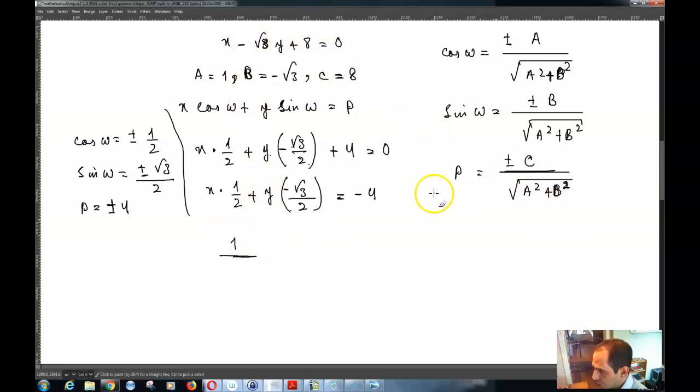So if you simply calculate this part over here and divide your whole equation by that, it's basically the same thing, and it will work for you. But now, since you know that this number is p, it's not supposed to be a negative number. So you want to take care of that.